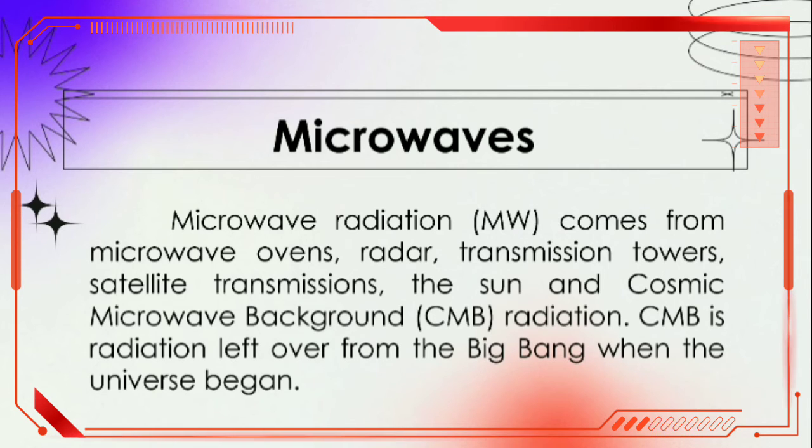And finally, the ultra-high frequency, which is used in television broadcast, walkie-talkies, and cordless phones. Microwaves are sometimes grouped with radio waves because these two types of non-ionizing radiation have some overlap on the electromagnetic spectrum.